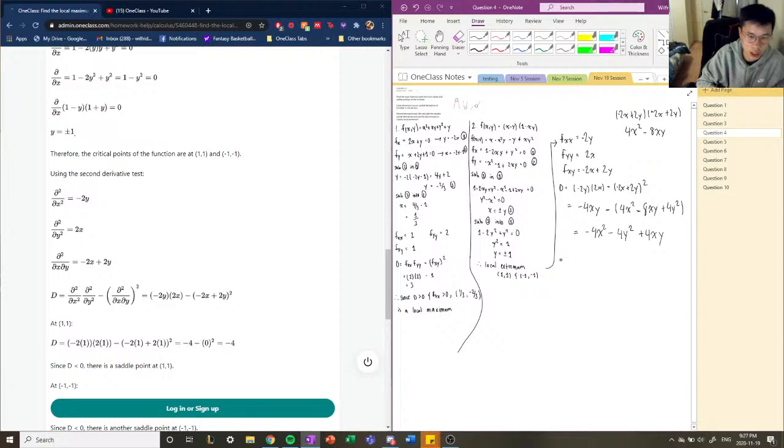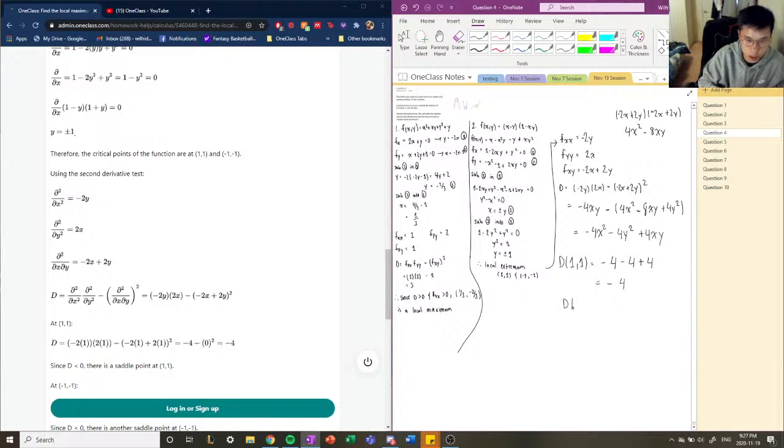So that's our discriminant. So we're going to take the discriminant at (1, 1). And that is equal to negative 4 plus 4, which equals negative 4.